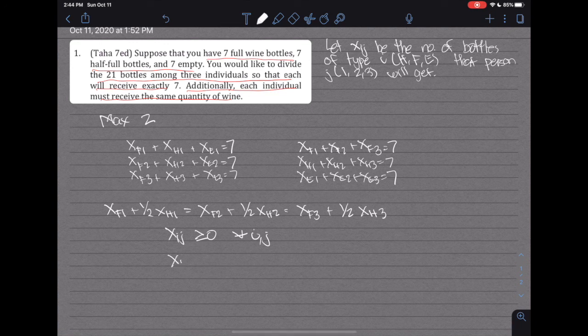Therefore, we say that xij is integer. This constraint makes our problem an integer program. Of course, this is how we write it in the formulation, but in the software, it would be read differently, or we have to code that each variable is an integer.